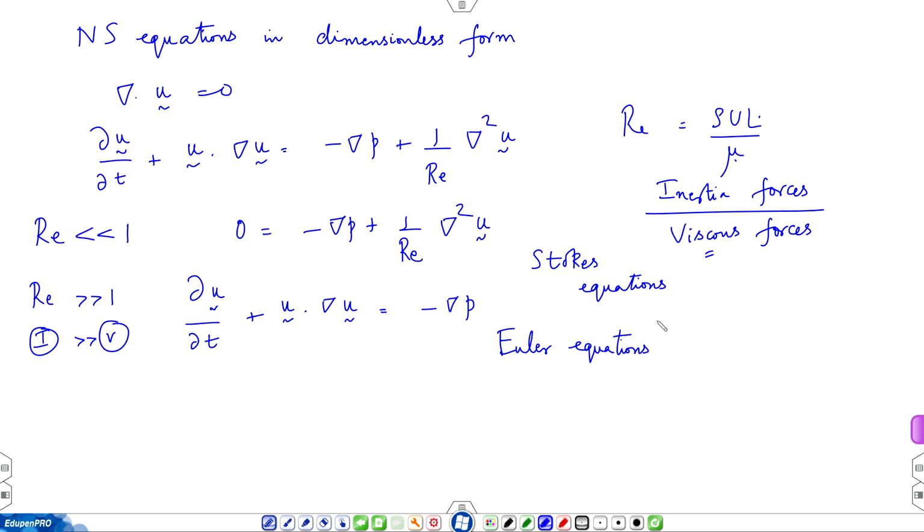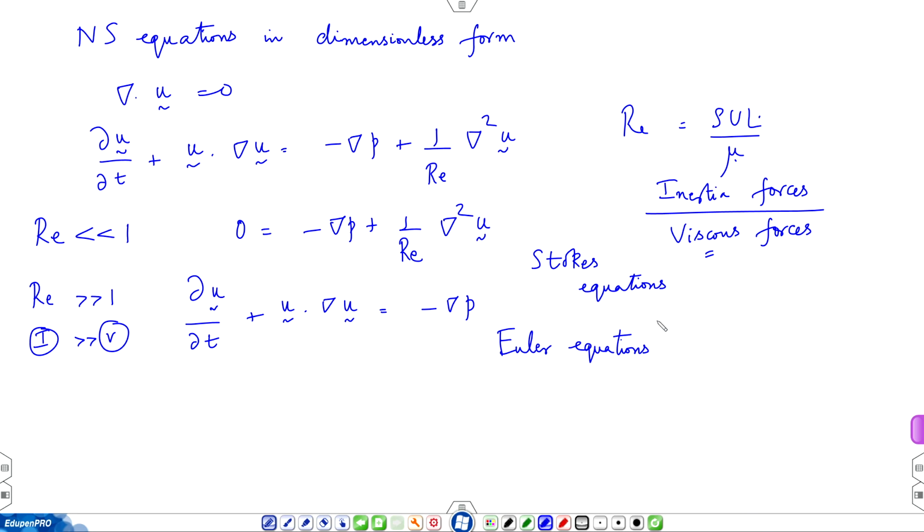You have the product of velocity with itself. Euler equations are non-linear, Stokes equations are linear. So, that linearity helps you derive solutions. We will see that Euler equations, even though they are non-linear, can be linearized. That step we will see as we go along.